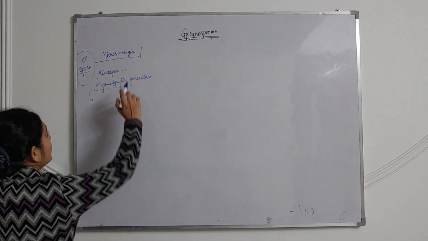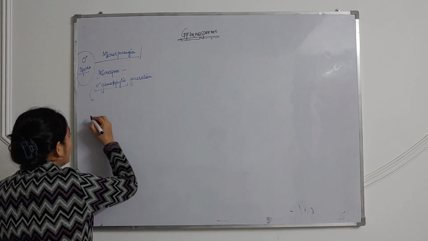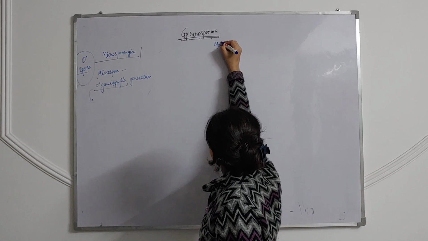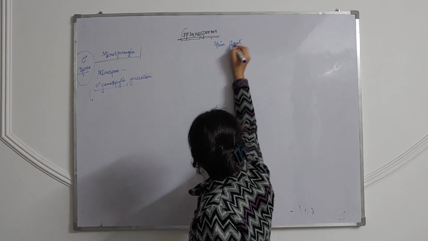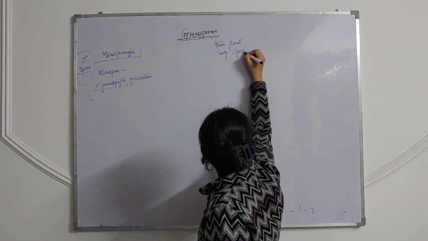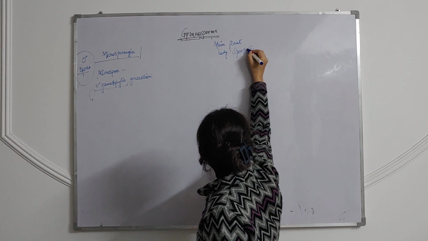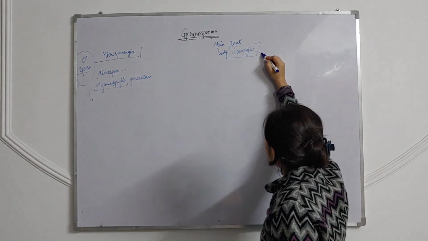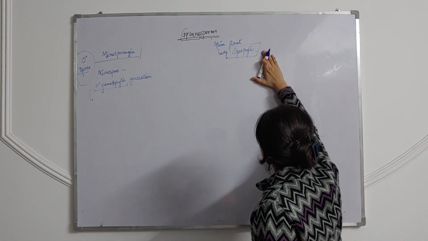And the main plant body is sporophyte. As I told, the main plant body is sporophyte, which is diploid in nature.